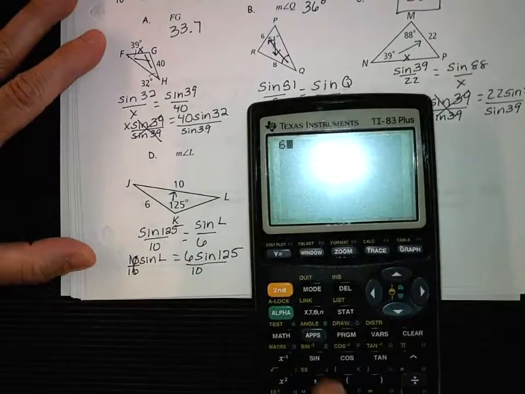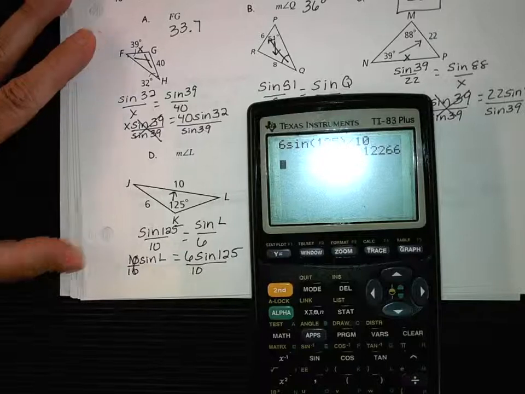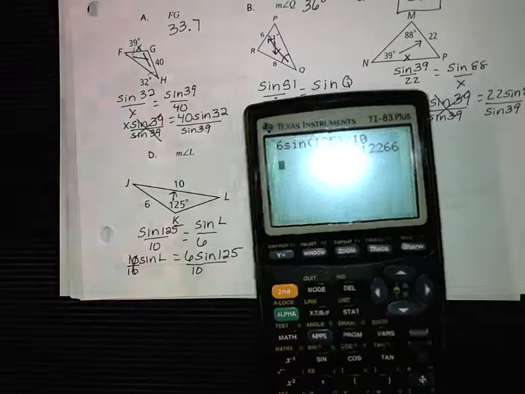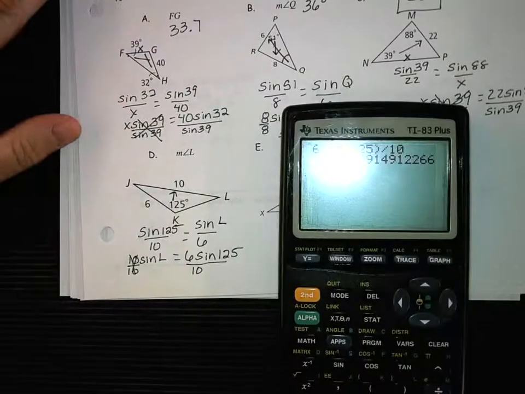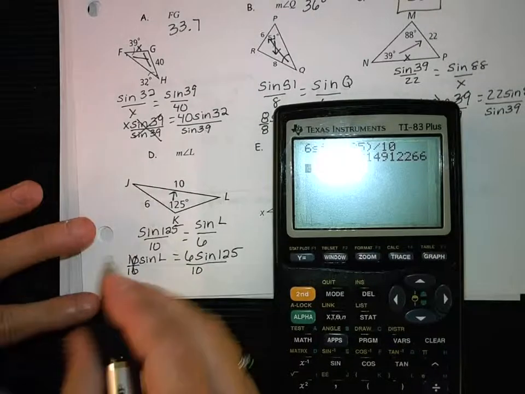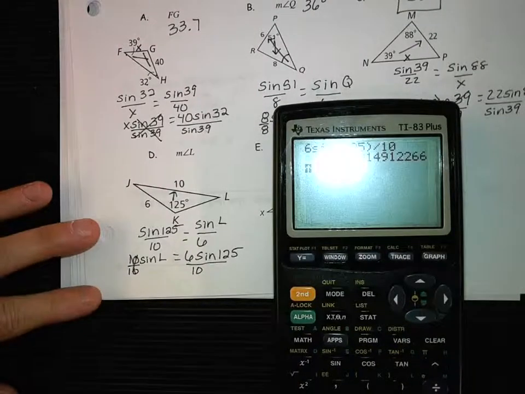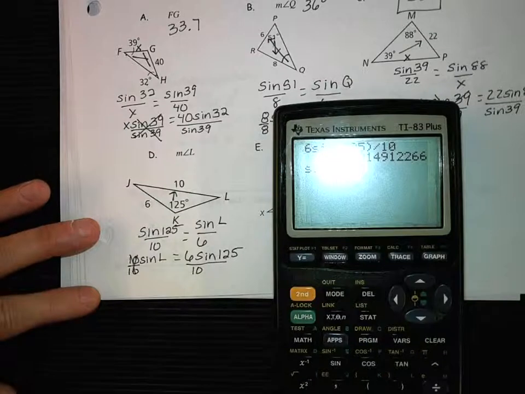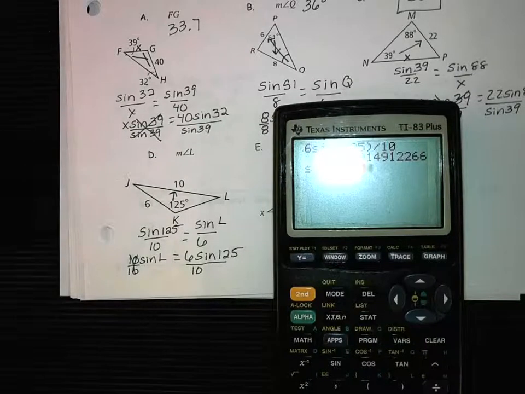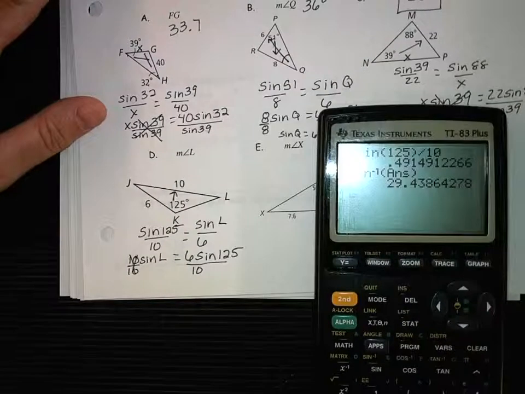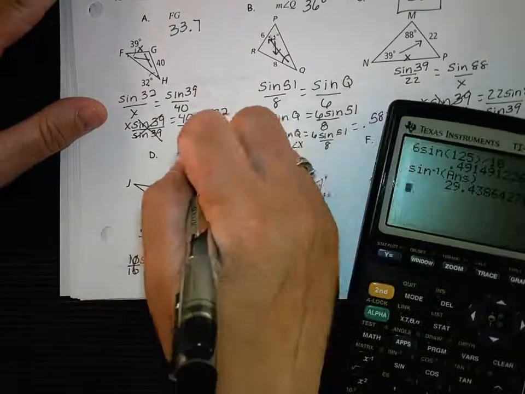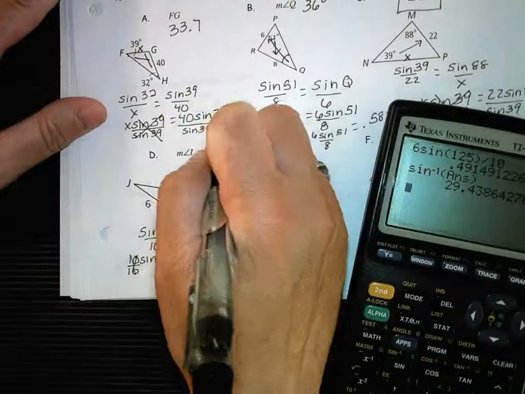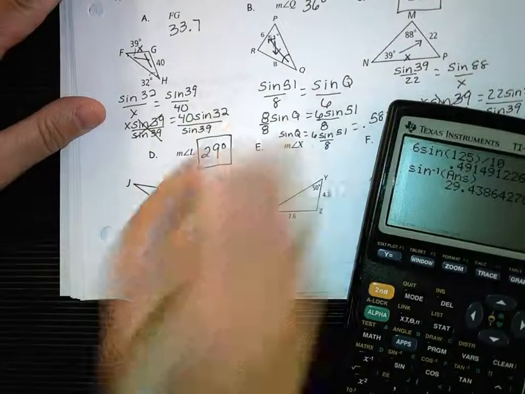So we have 6 times the sine of 125 divided by 10. That equals 0.4914. And now we need to do the inverse sine. And if we hit second and then this negative sign, it brings our answer. And we end up with 29.4. So angle L is right about 29 degrees.